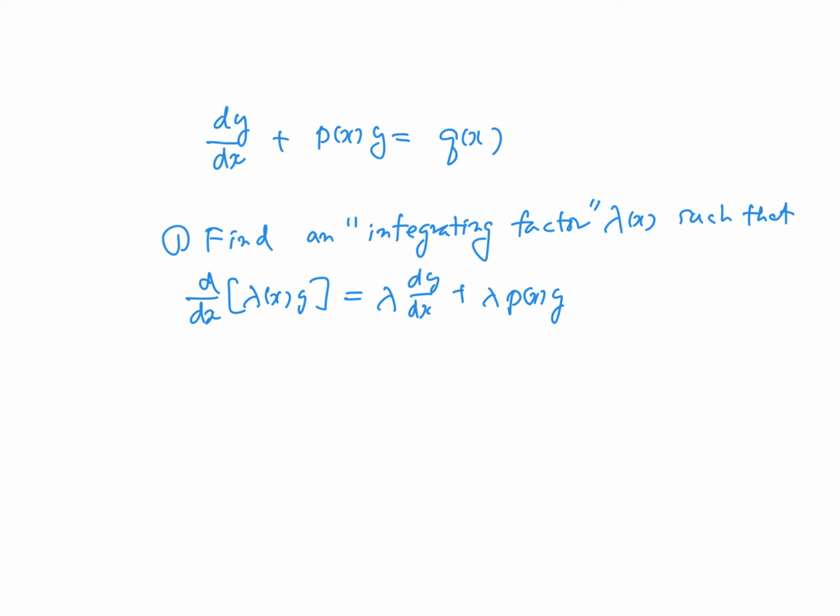And actually the solution is this: d ln lambda(x)/dx is p(x).